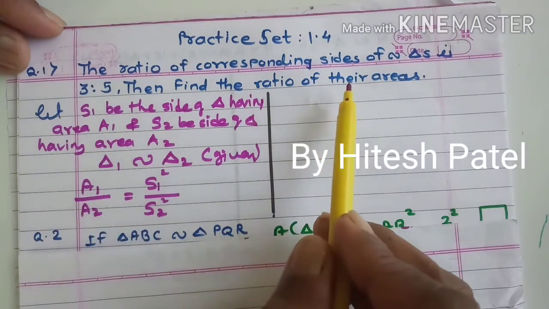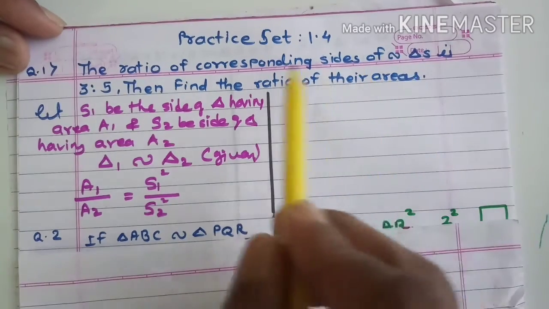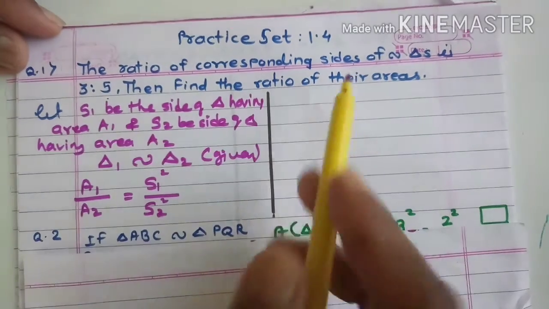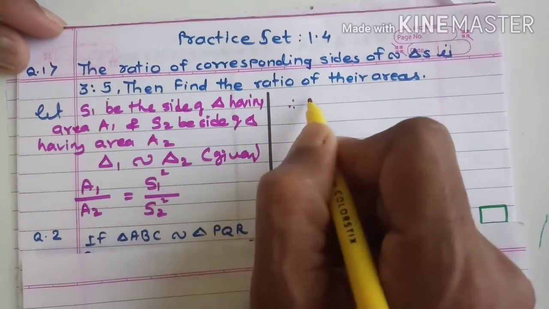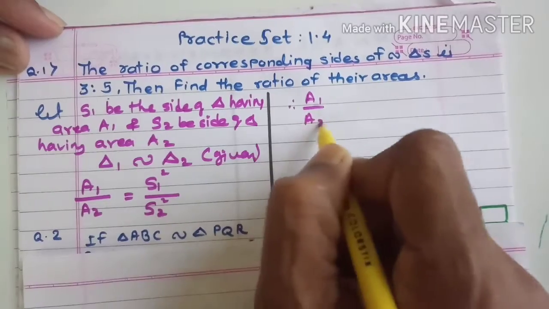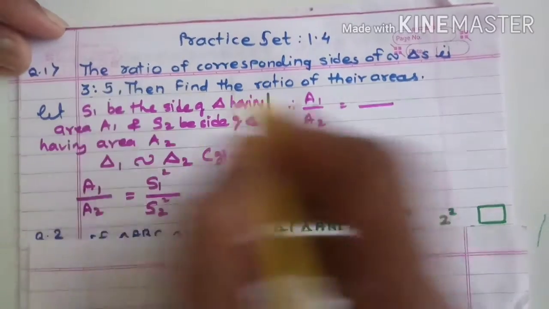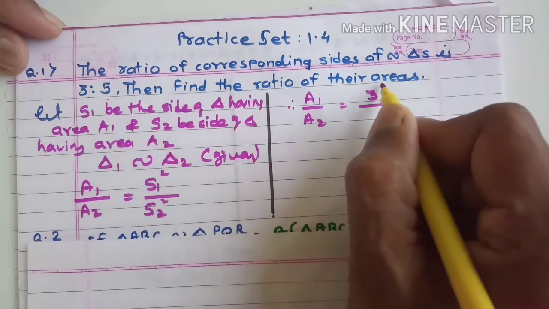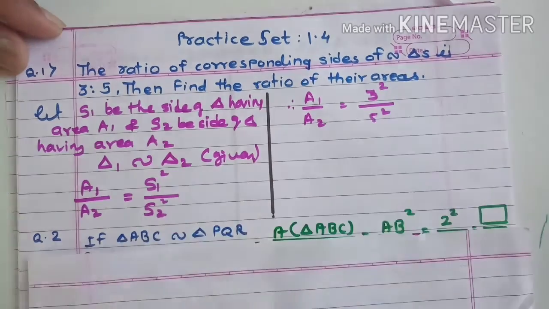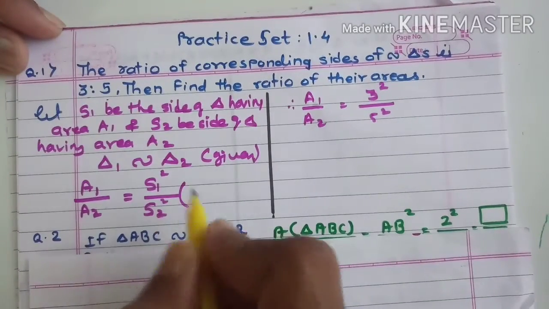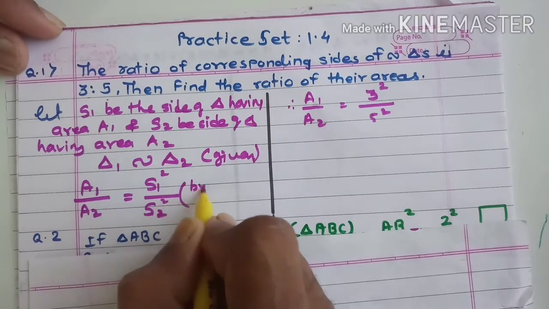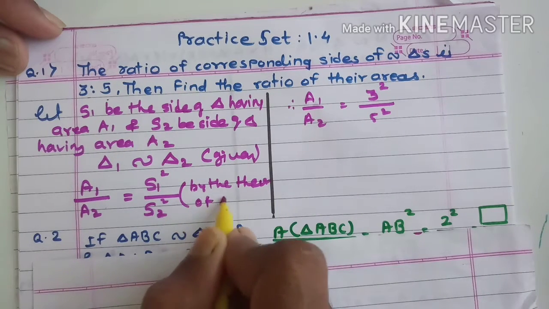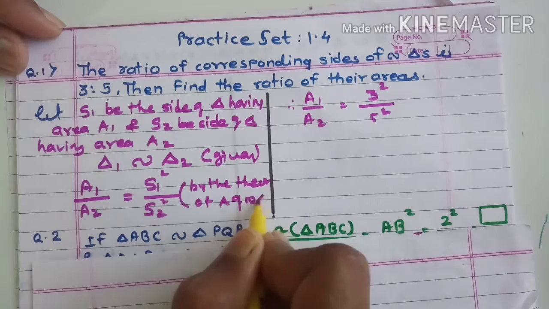Then find the ratio of their areas. Therefore here A1 upon A2 is equal to 3 square upon 5 square. Here we have to write the reason: by the theorem of area of similar triangles.